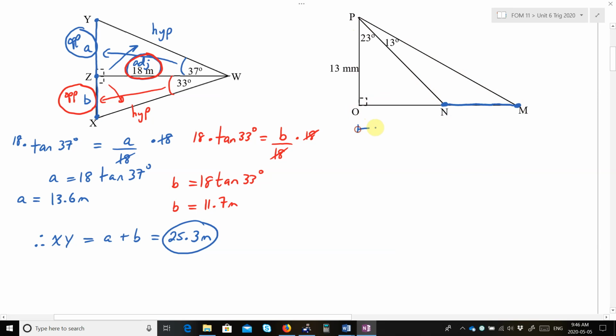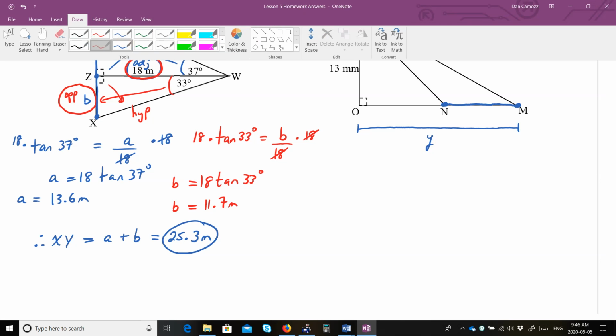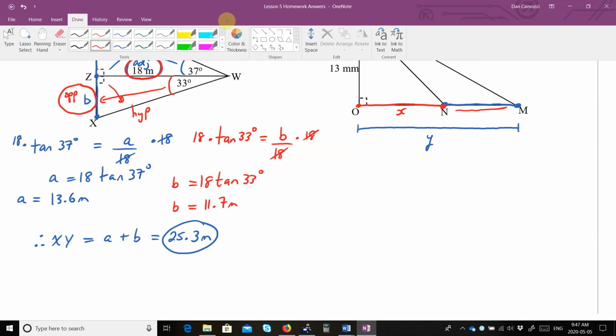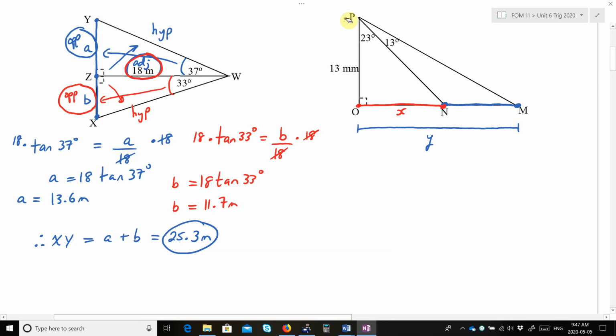We have to find from O all the way to M, which we could call Y, let's say. And then we need to find from O to N, which we'll call X. If I go Y, take away X, it will leave me this piece here. So I take the whole line Y and subtract off that X distance, it will leave me MN. So that is our plan of attack.